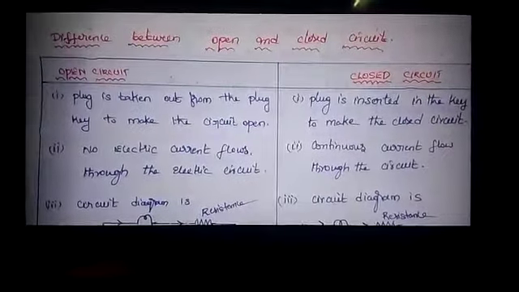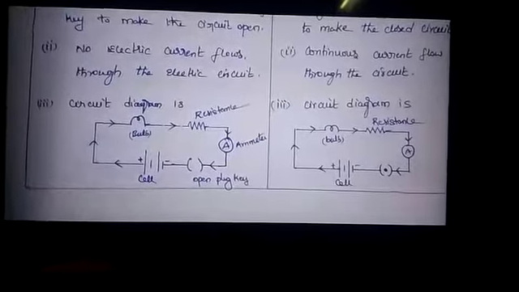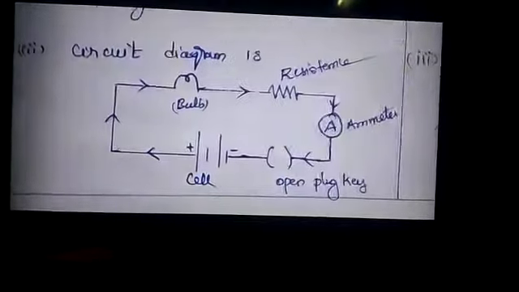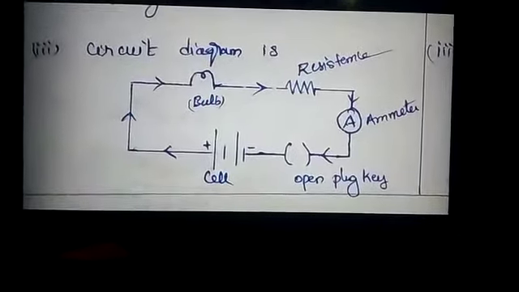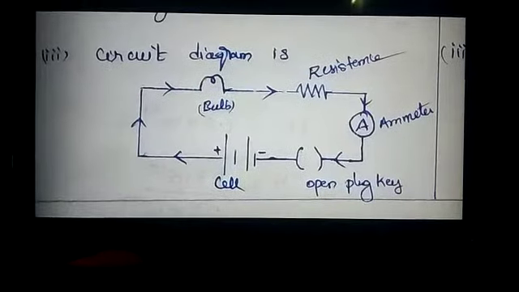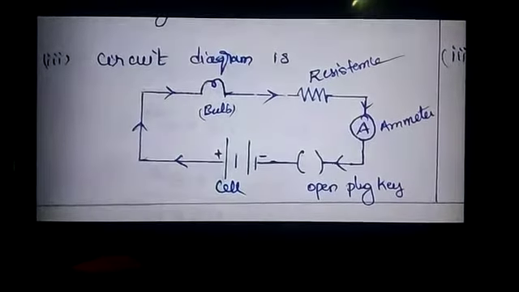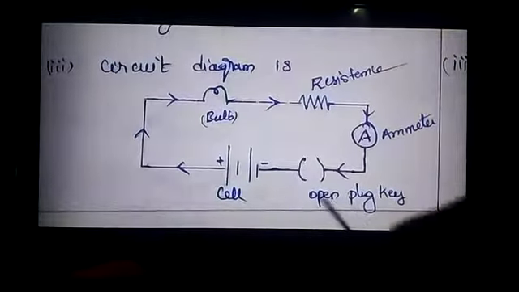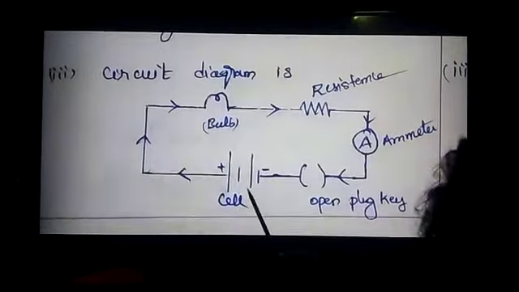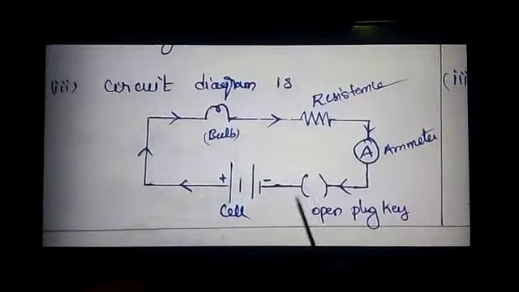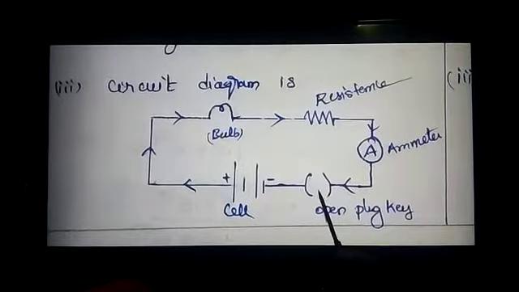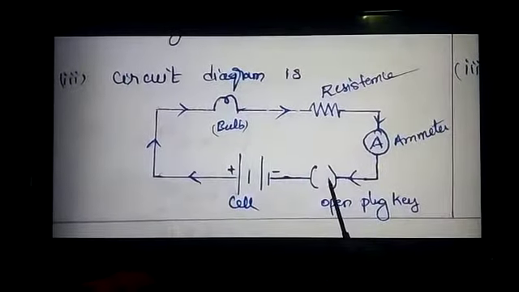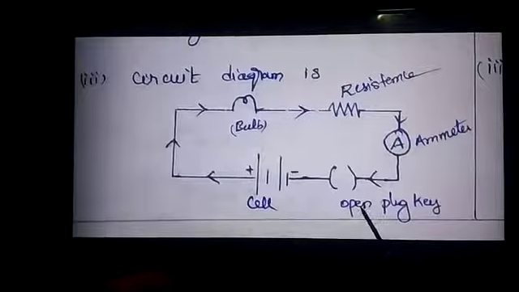Now see the circuit diagram of the open circuit. In this open circuit diagram, this is the cell and this is the plug key. Here there is no dot, which means the plug key is open.